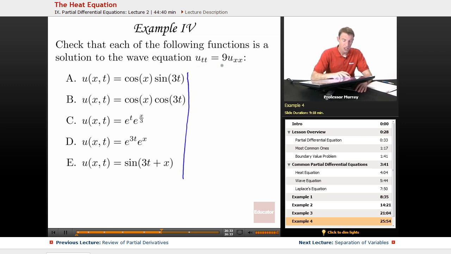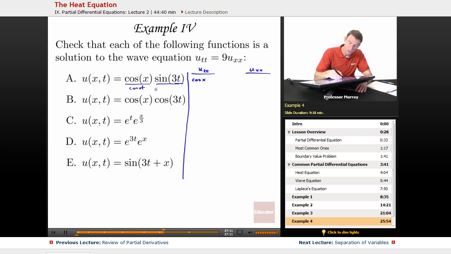The first one is u of x, t equals cosine x sine of 3t. So let's figure out u_tt, and then we'll figure out u_xx for each one of these functions. Now, when you figure out u_tt, we want to think of the cosine of x as being constant, and so we'll just have cosine of x coming down. Now, sine of 3t, we're going to take two derivatives of that.